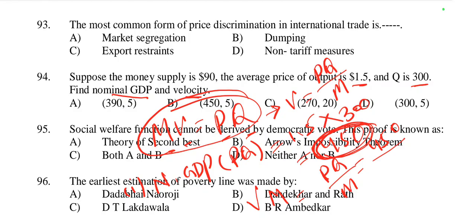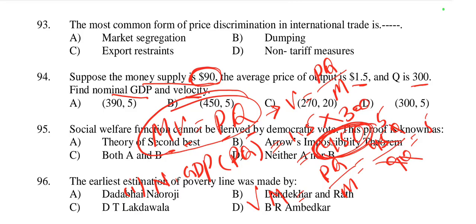M means money supply, which is given as $90. So 450 by 90 is equal to 5.